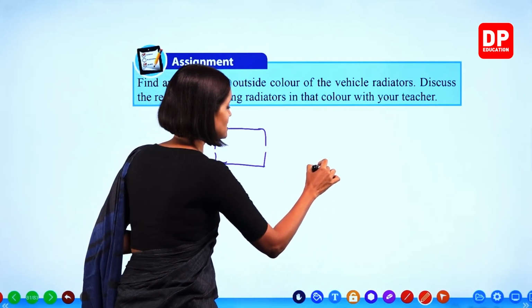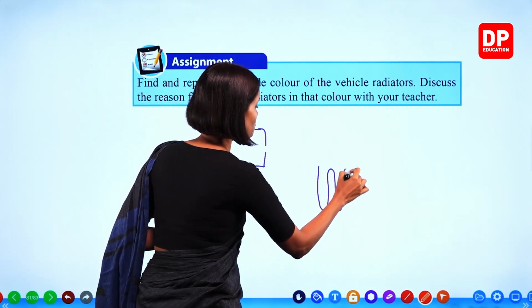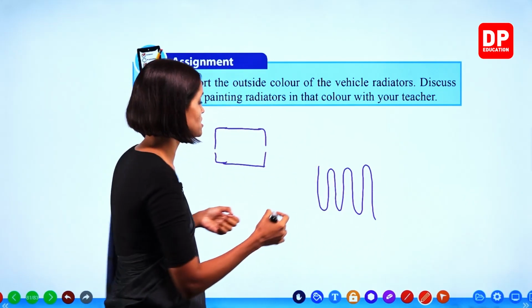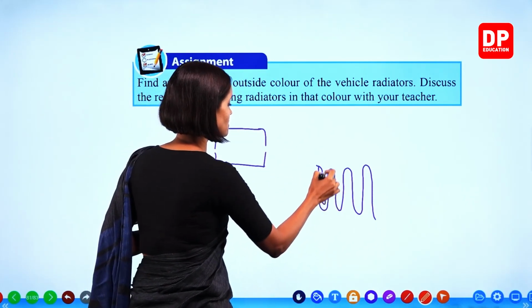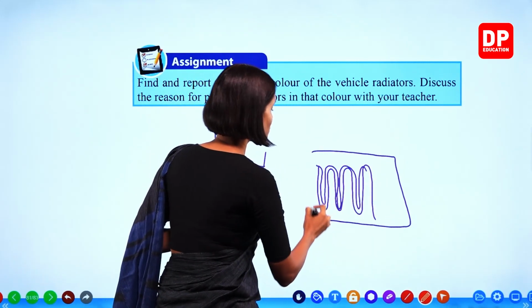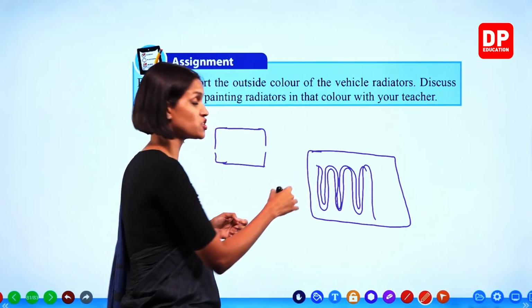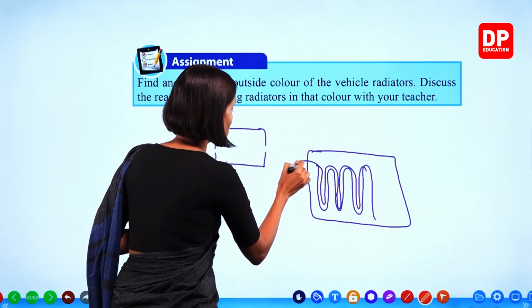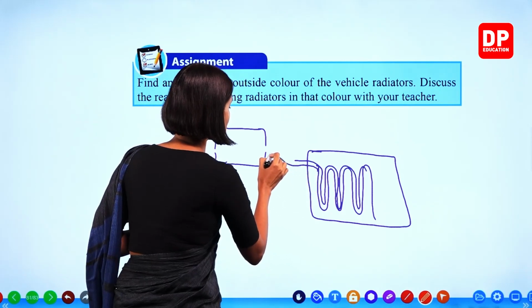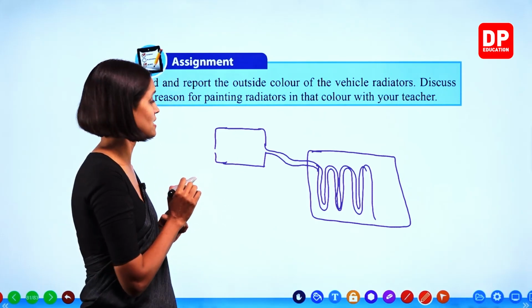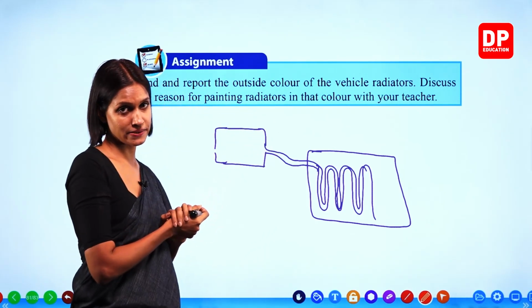So if we consider this is the engine, fixed to the engine there are special chambers, special passages to send this coolant, right? One end of this passage is connected to this radiator. This is the radiator, and it is colored in black.